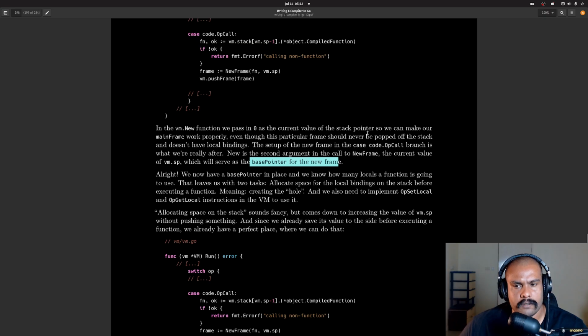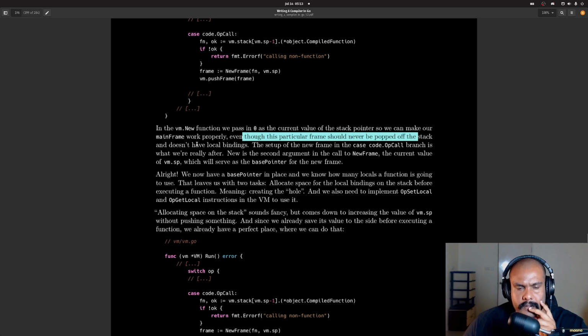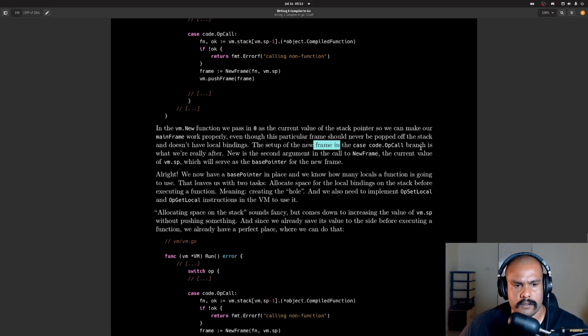I didn't get that bit. In the vm.New function, we pass in 0 as the current value. Yep, that's the first one. It just makes it easier.